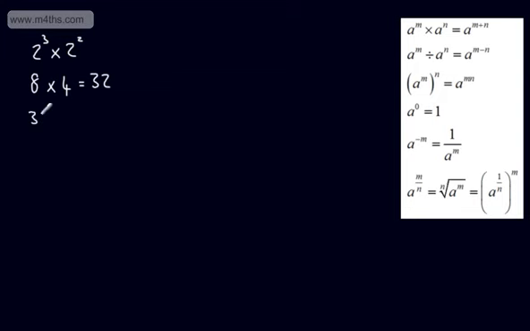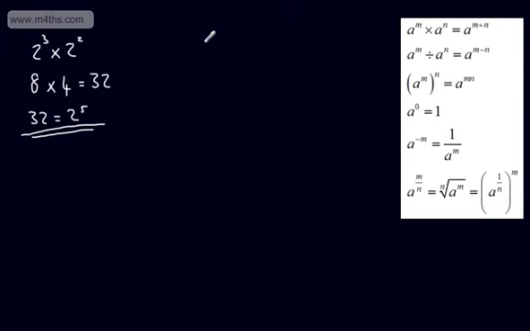Now 32 is 2 to the power of 5. So 2 times 2 times 2 times 2 times 2. And we can see that I could have just added these two powers together. So in general, if we have the same base and we're multiplying, we add the powers.